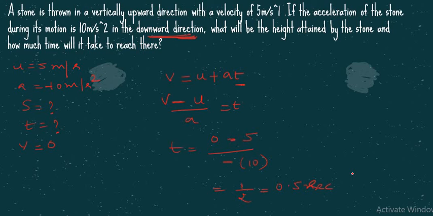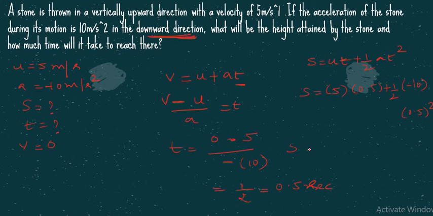What else do you need to find? You need to find the S, right? So S is equal to ut plus half at square. S is equal to, what is u value? 5. t value is 0.5, plus half into minus 10 into 0.5 square.